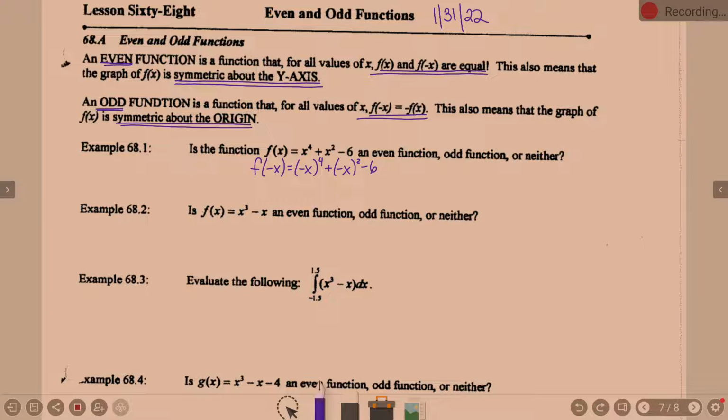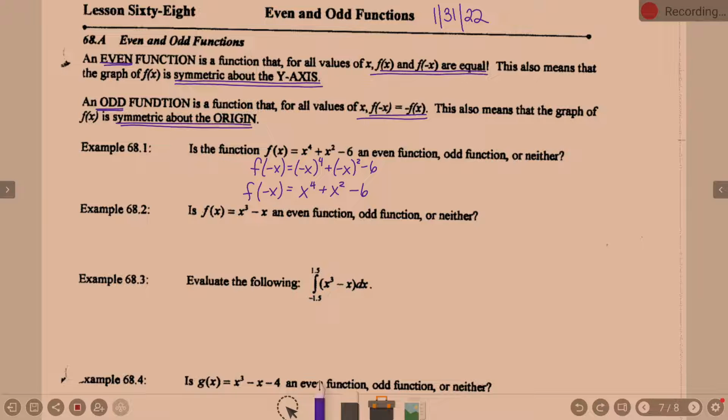If we actually work this out, a negative x raised to the fourth, well, what's a negative raised to the fourth? That is positive. Negative x raised to the second, a negative raised to the second is positive. And minus 6 is still minus 6.